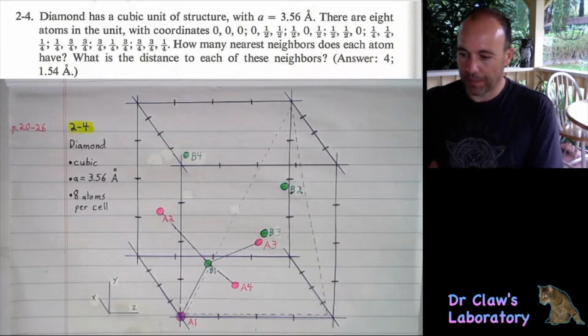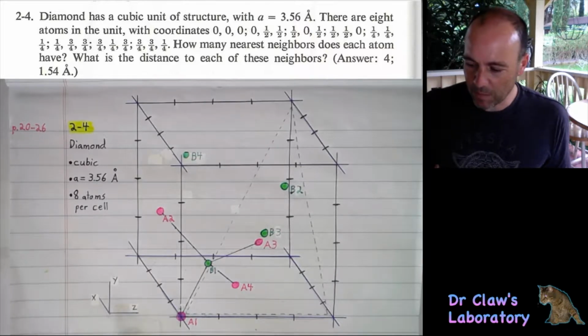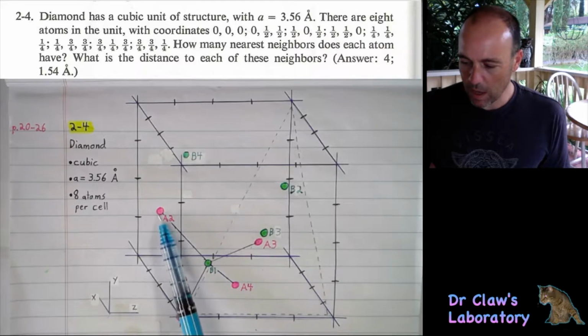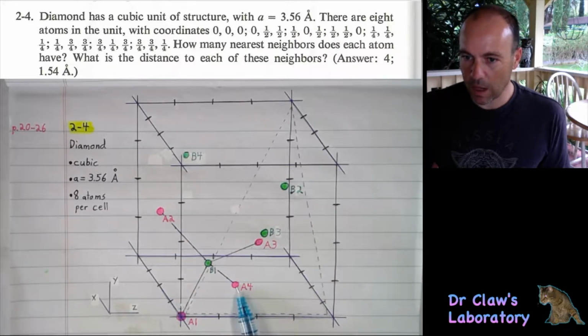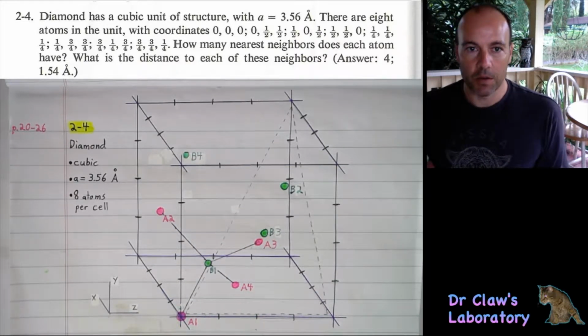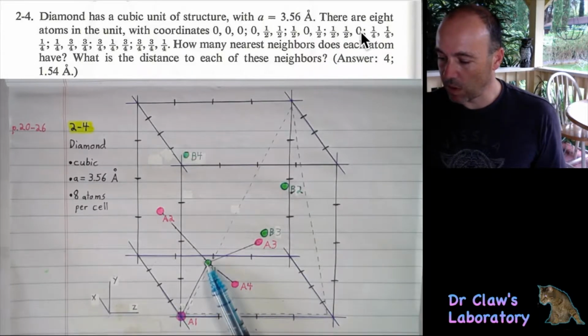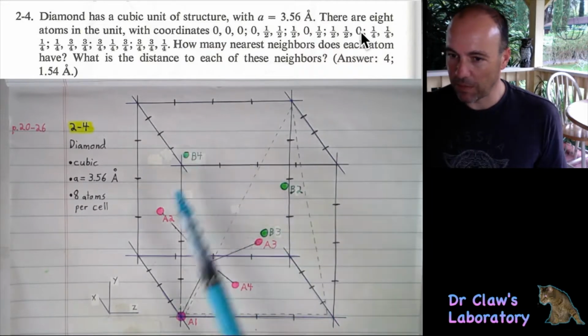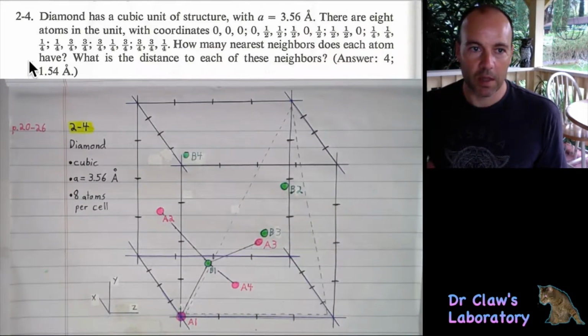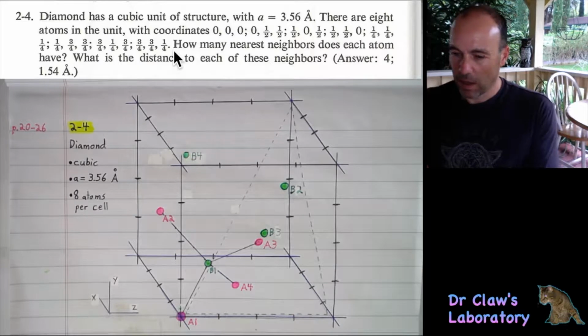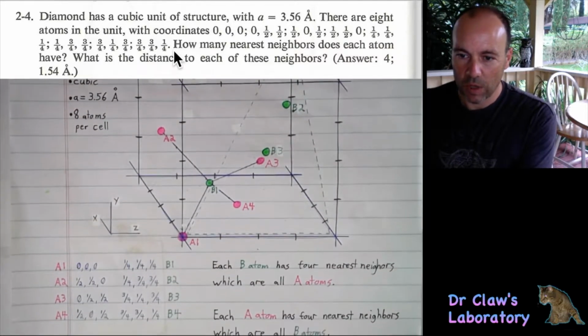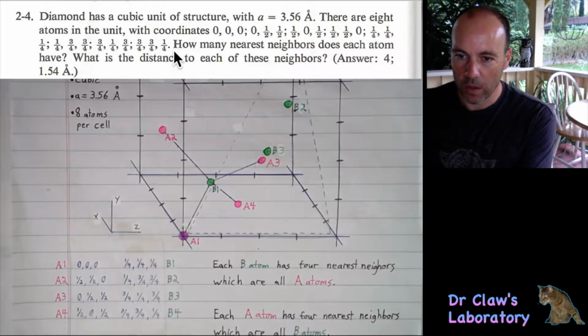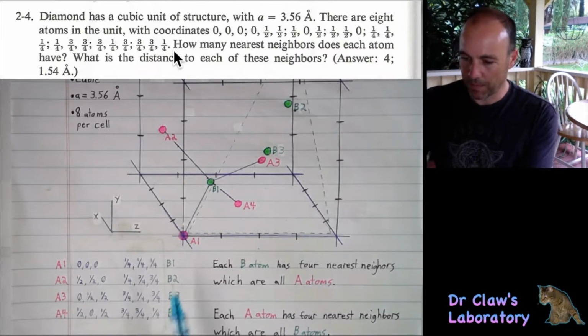Now, the atoms have been divided into 2 groups, A1, A2, A3, and A4, and those are using the first 4 coordinates, and then B1, B2, B3, and B4 using the second set of 4 coordinates. And I went ahead and rewrote those coordinates right down here for you.